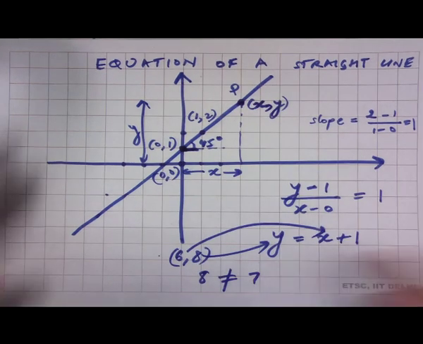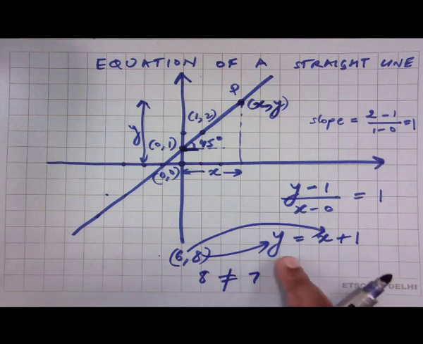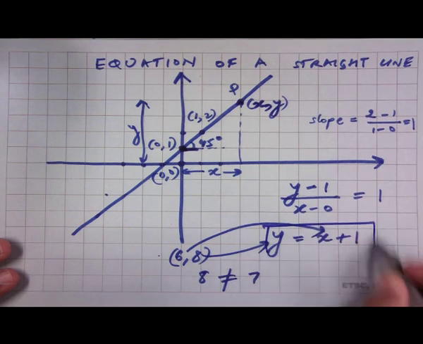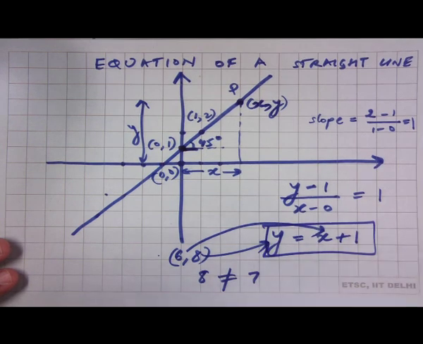So, now for the case of circle, our objective is to get a similar characterization, or basically some kind of a rule like this, which the coordinates of any point on the circle must satisfy.